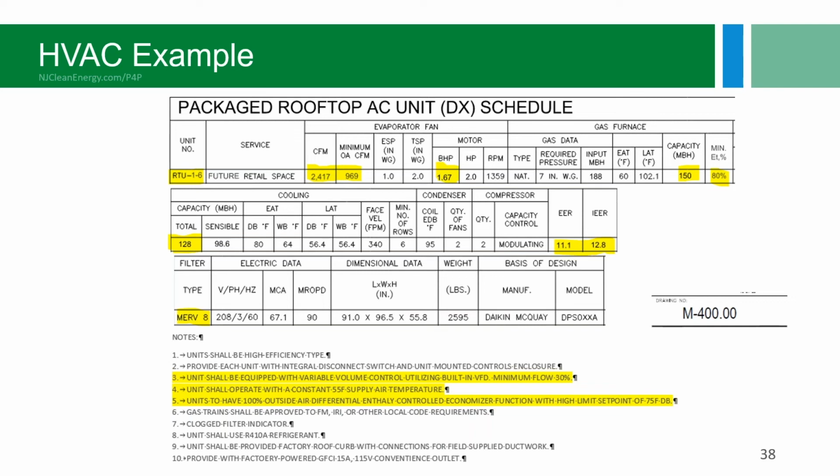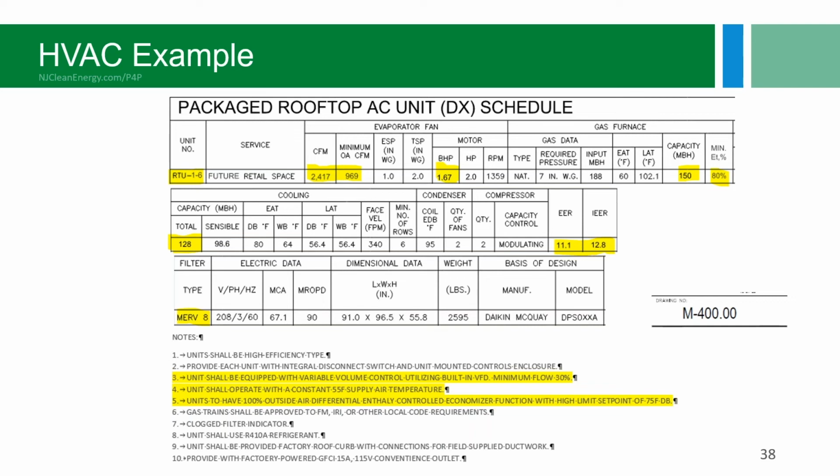So what's been highlighted here are the crucial pieces of information for the model and for the compliance form. And the compliance form will take this information and calculate some model inputs for us.